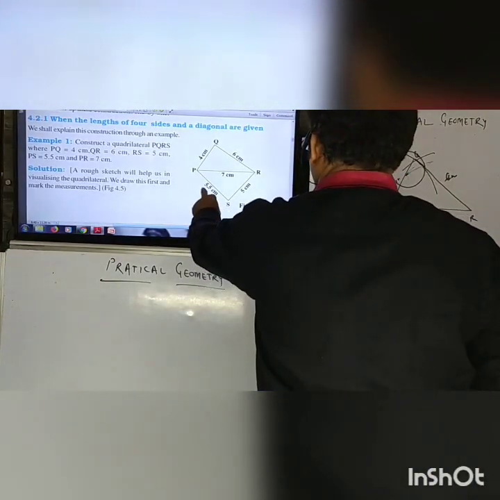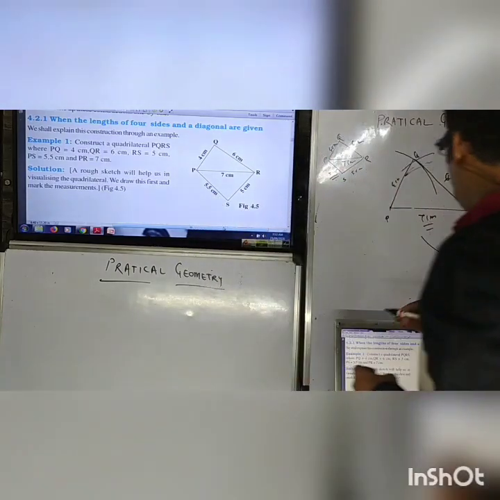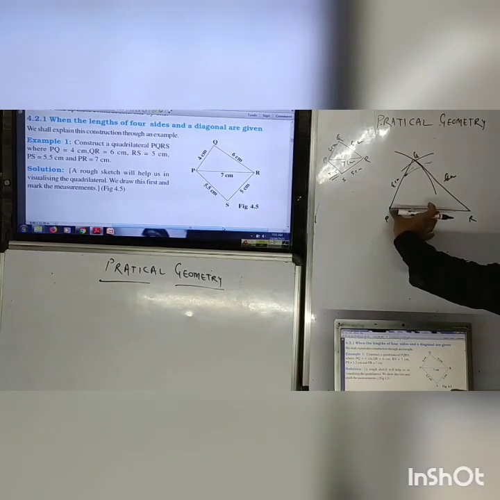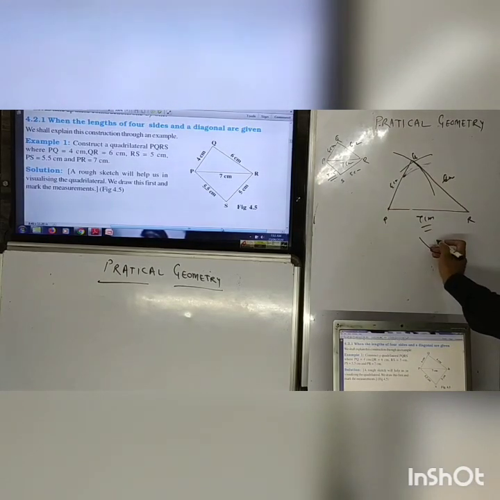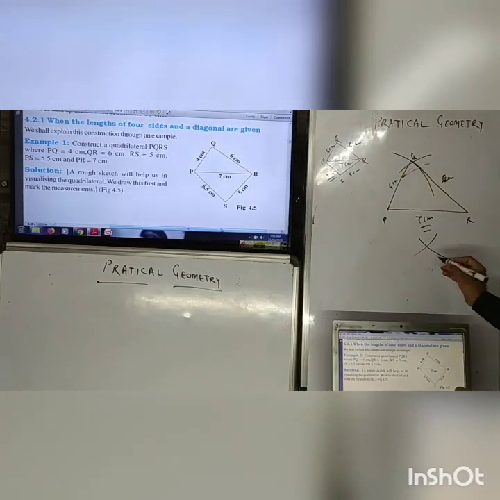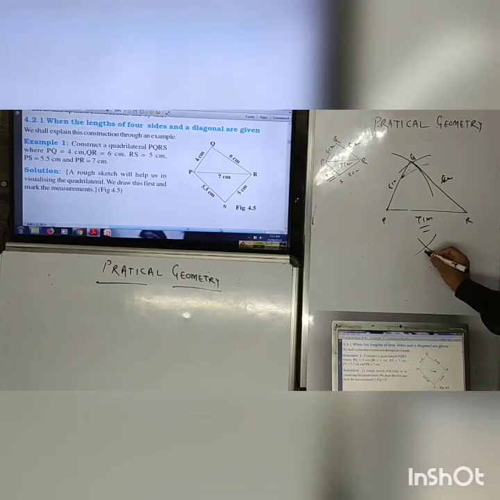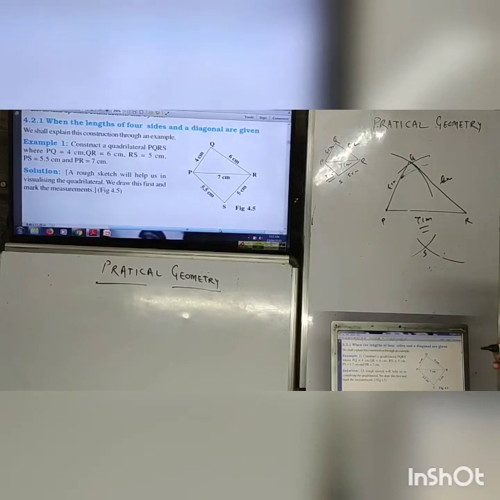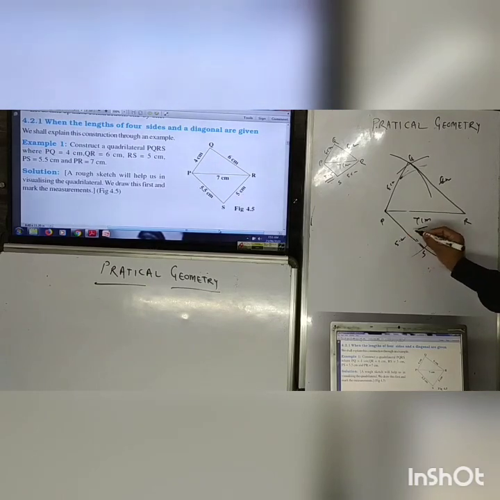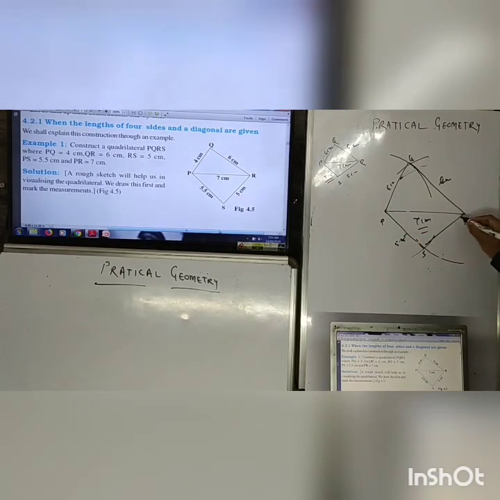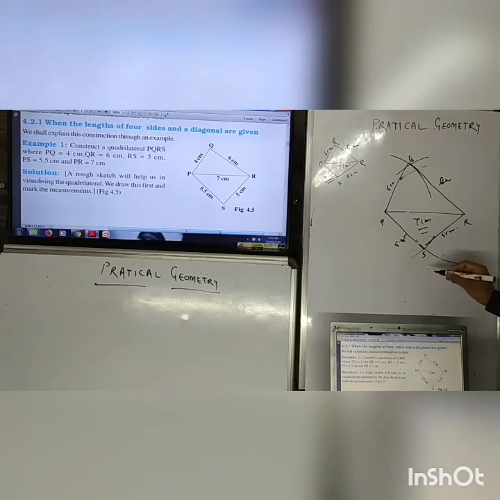PS: S is 5.5 cm from P. Take 5.5 cm, put the metallic end of the rounder at P and draw an arc of radius 5.5 cm intersecting the other arc at S. Now this is equal to 5.5 cm and this is equal to 5 cm. The resulting quadrilateral is PQRS.